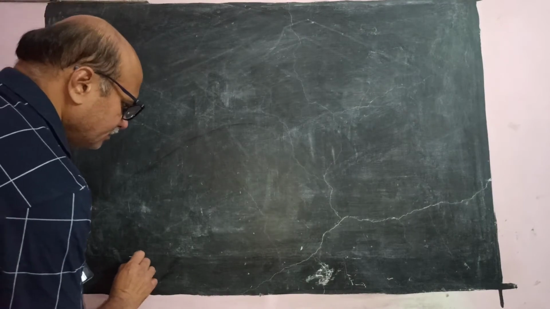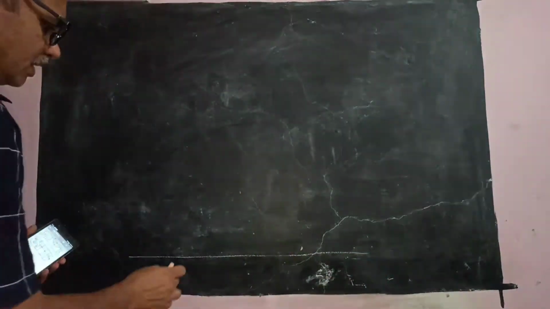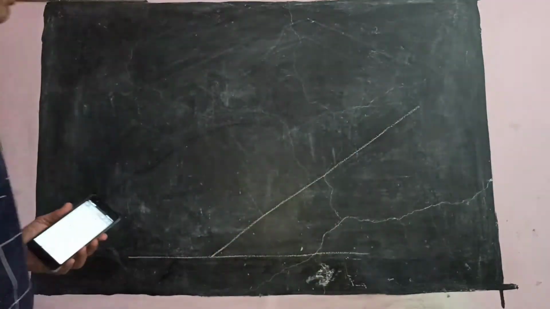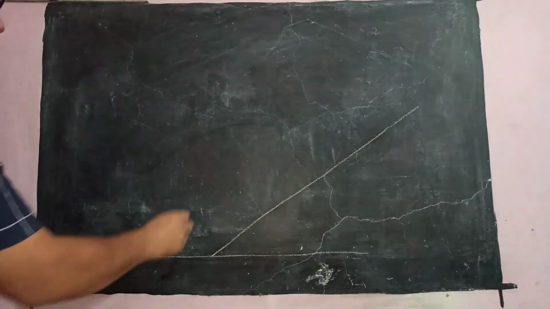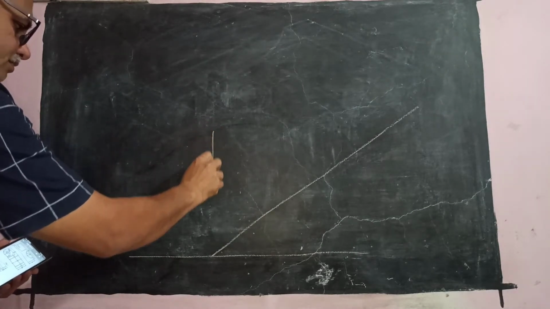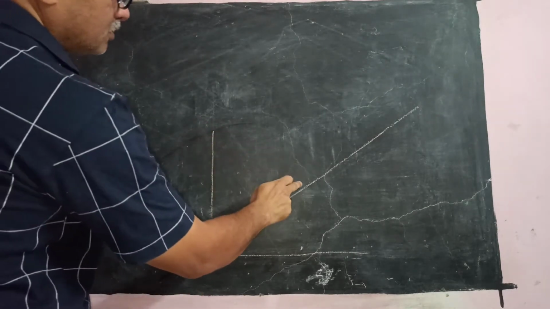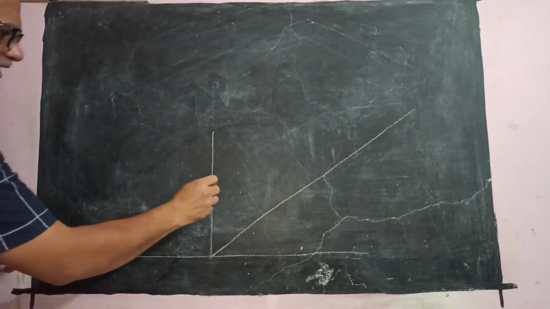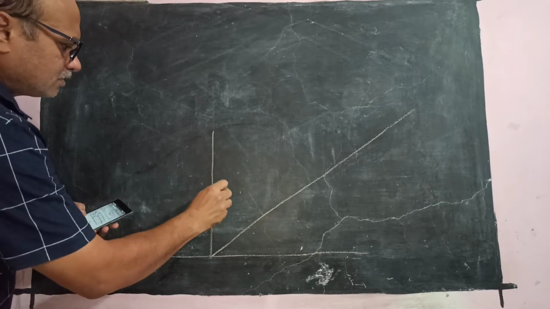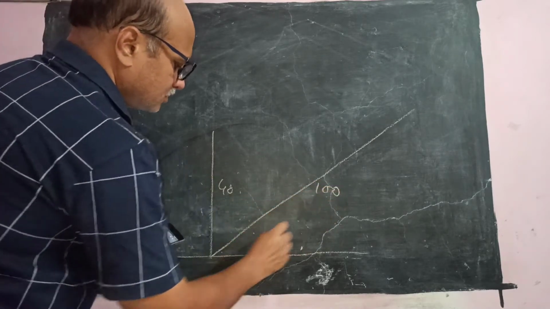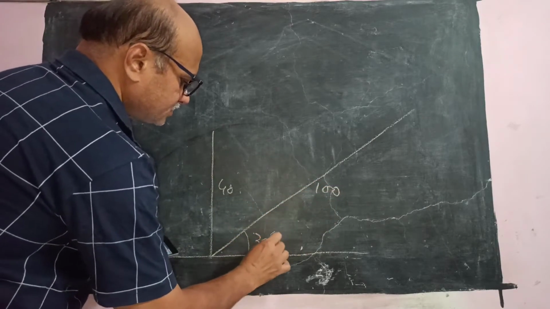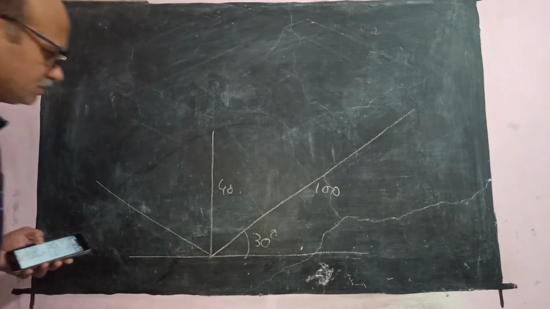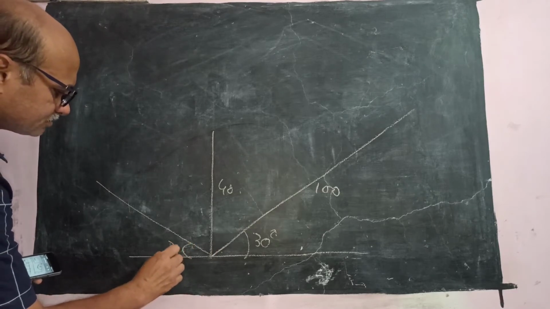So draw a horizontal line. At 30 degrees to this, draw a line of 100. Then the height is 40. This is 100, this angle is 30 degrees, then the width is 50, this is again at 30 degrees.